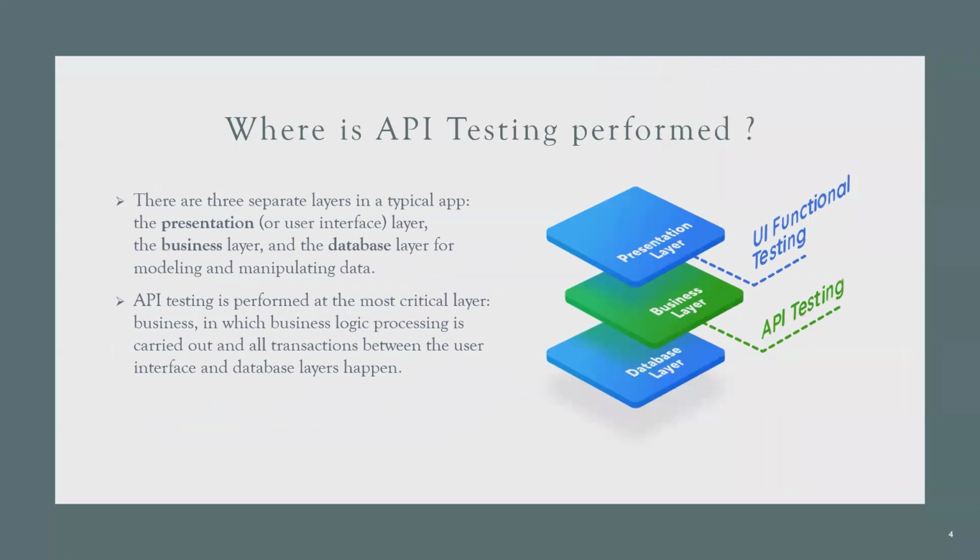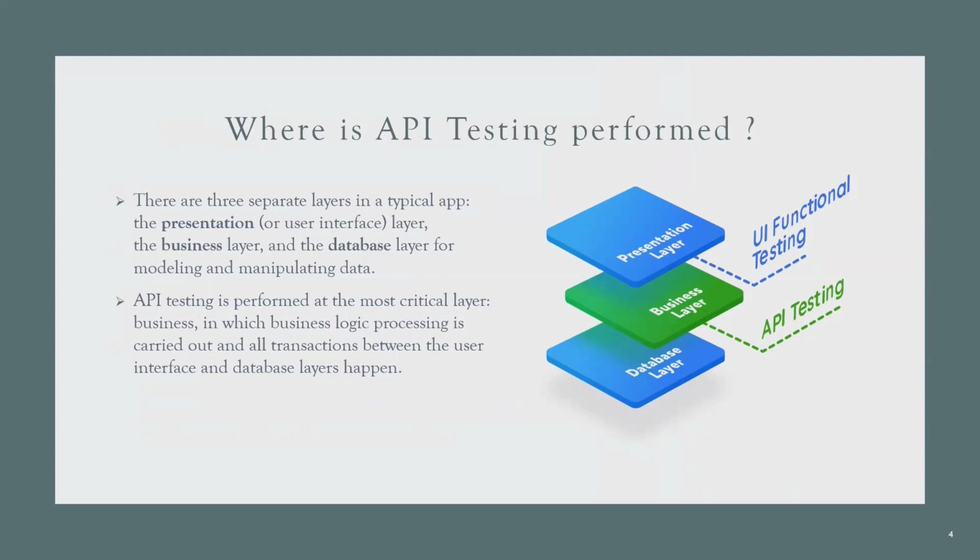Where is API testing performed? As I said, API testing is performed on the business layer, in between the presentation layer and the database layer, for modeling and manipulating data.